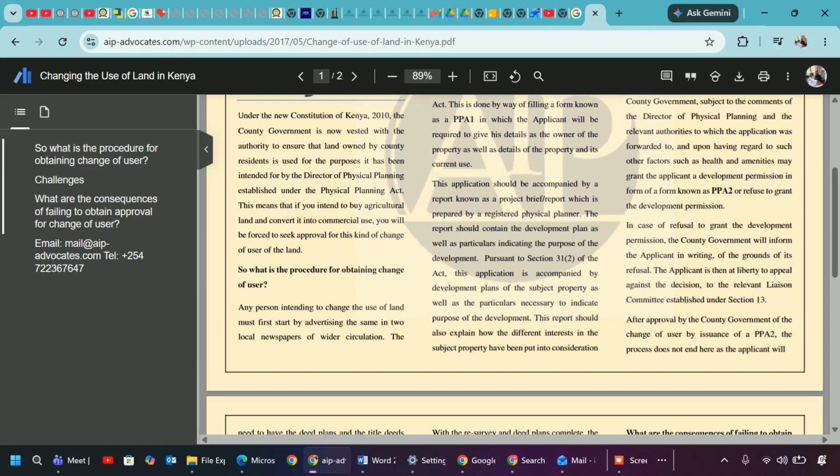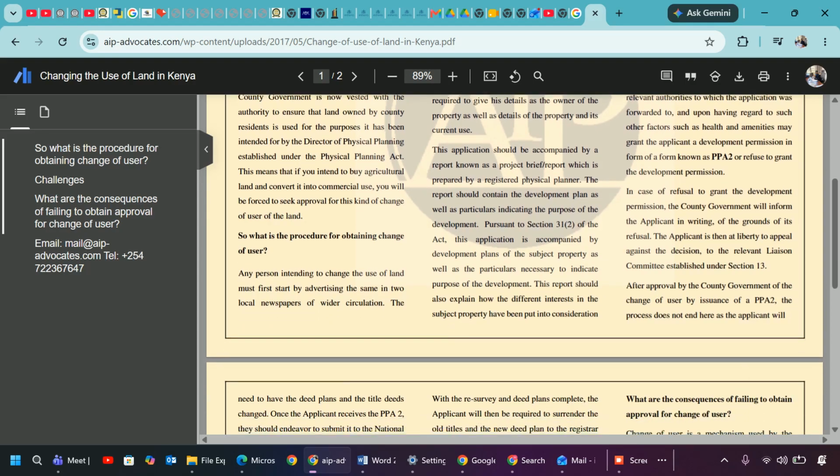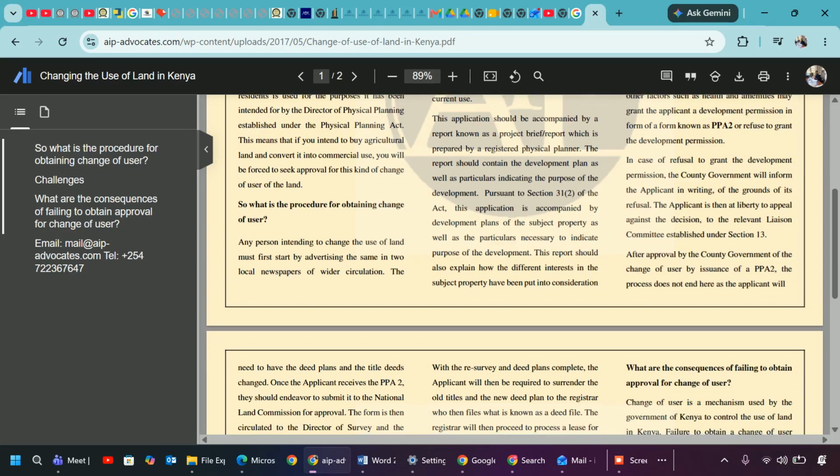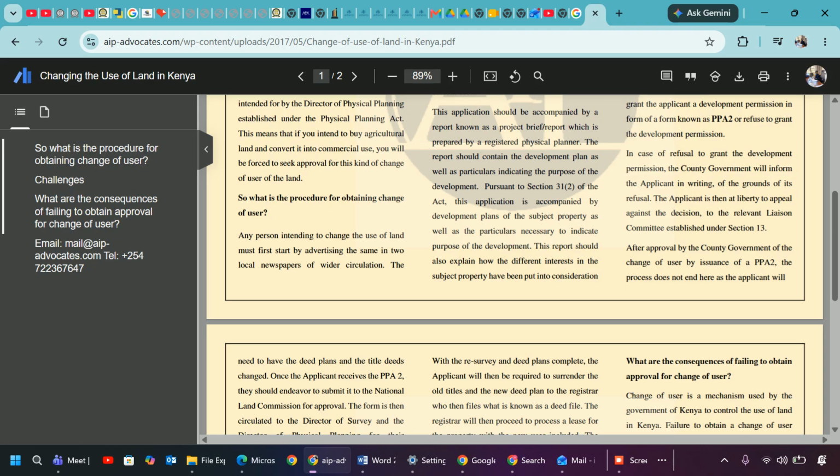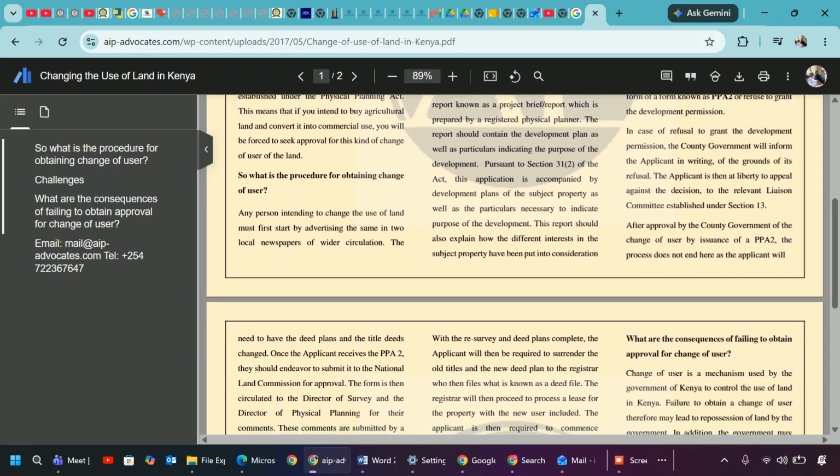In case of refusal to grant the development permission, the county government will inform the applicant in writing of the grounds of its refusal, and the applicant is then at liberty to appeal against the decision to the relevant liaison committee established under Section 13.